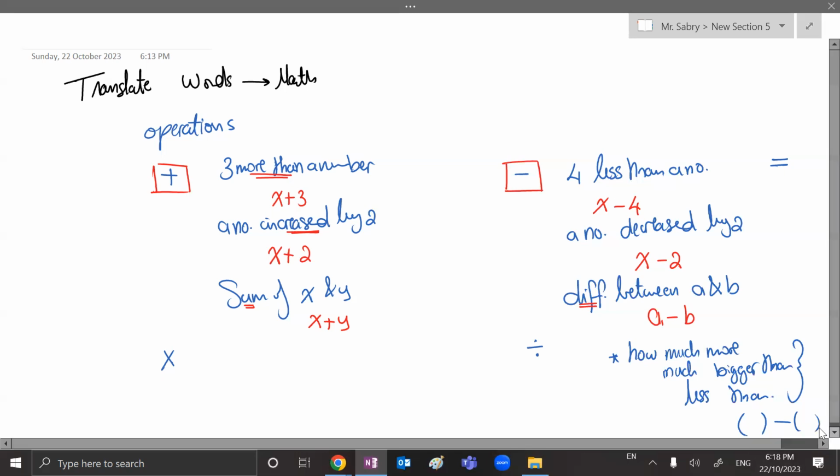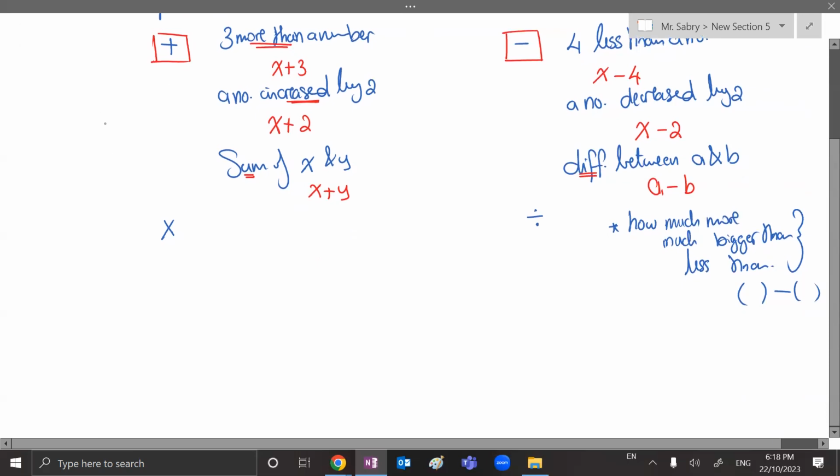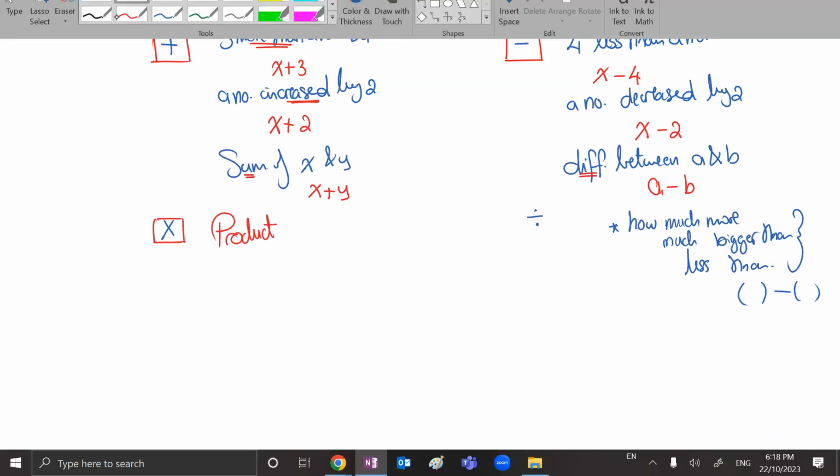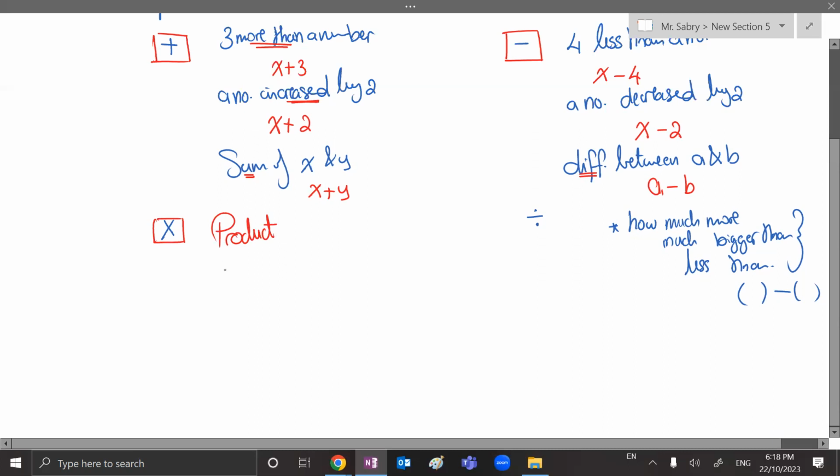What are the words that represent times? The word product is a very important word that represents multiplication. The word double means a very specific type of multiplication: 2 multiplied by anything. So double something is 2 multiplied by that thing. Triple something is 3 multiplied by that thing.